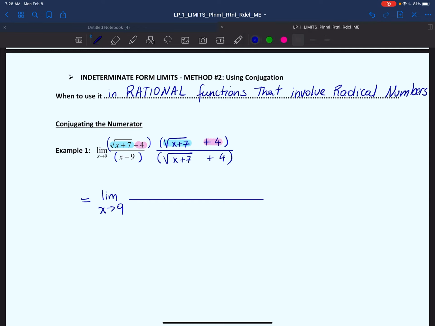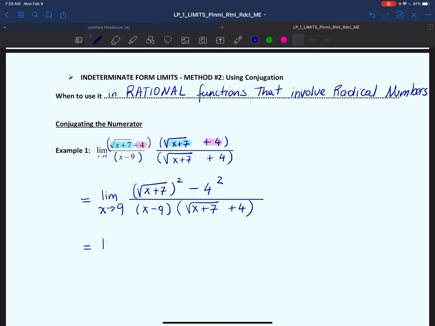And that will produce root of x plus 7 to the power of 2 minus 4 to the power of 2. Down in the denominator, we don't want to do anything as of yet, and you must keep the terms in factored form, because factored form allows us to simplify, and that is our final goal here.